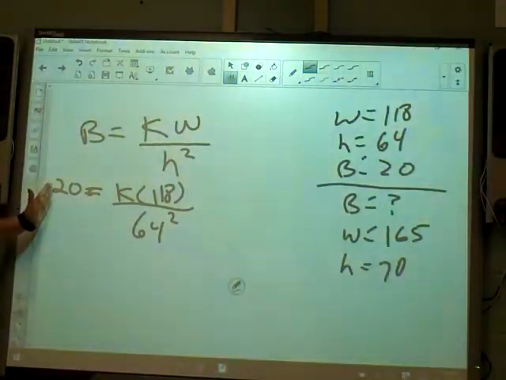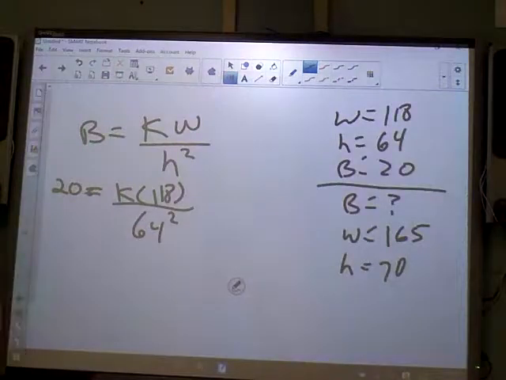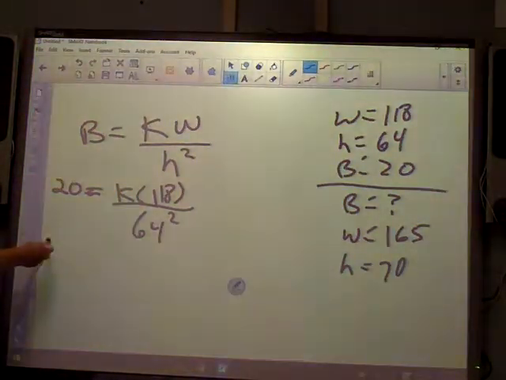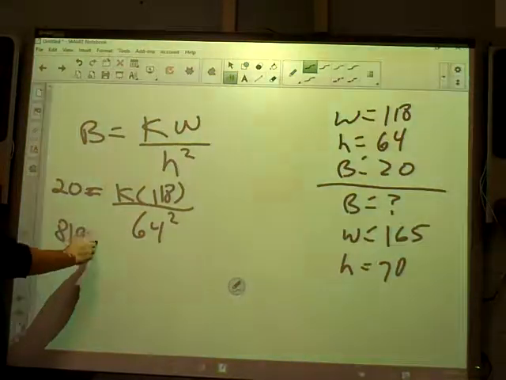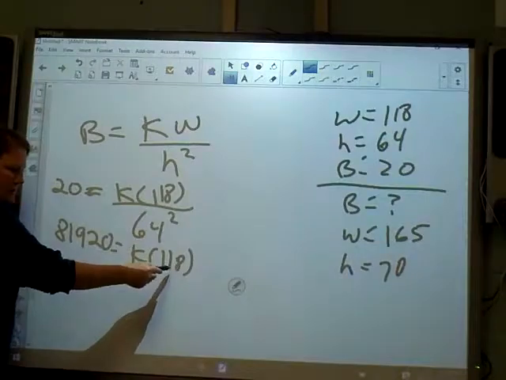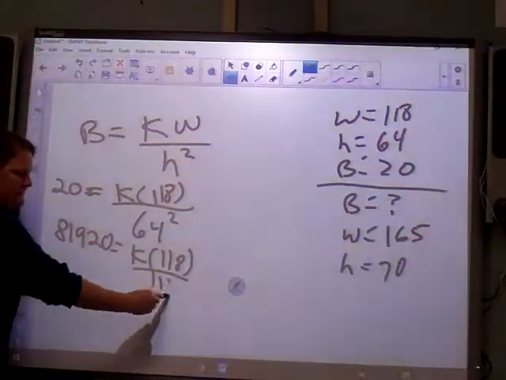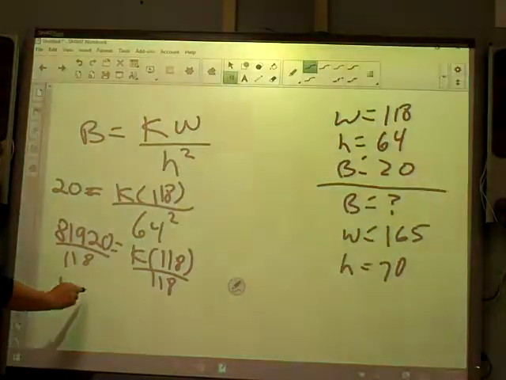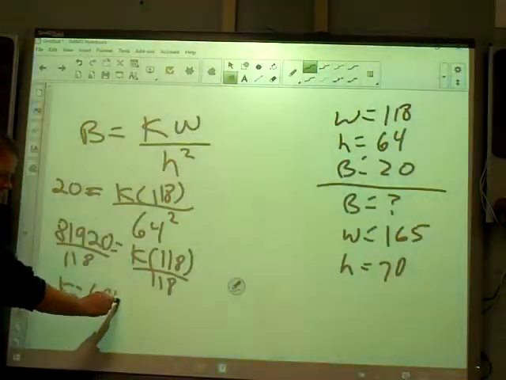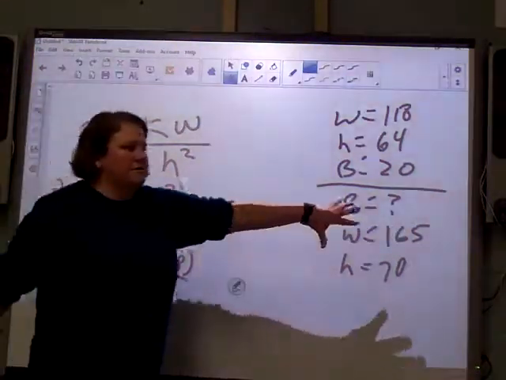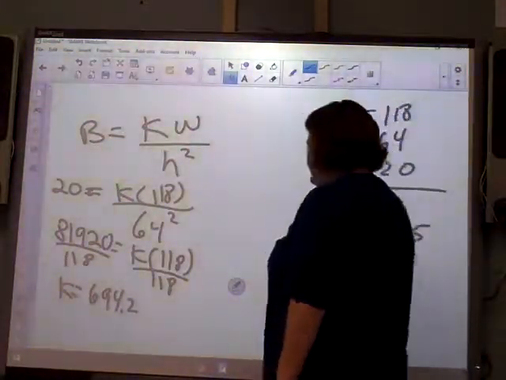So tell me what 20 times 64 squared is. 81,920. Is equal to K times 118. Now I'm ready to get rid of that 118, so I'm going to divide by 118. And what we got? 694.2.